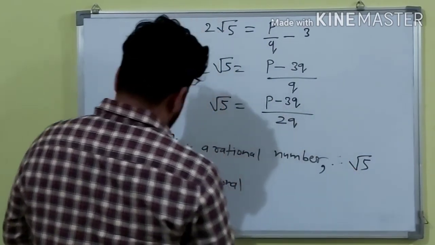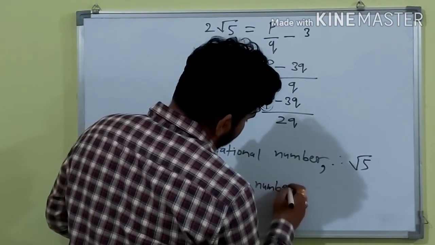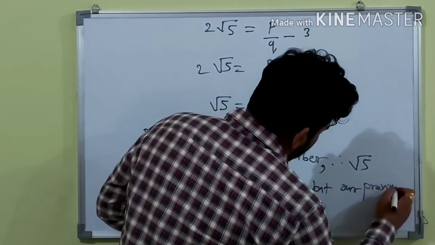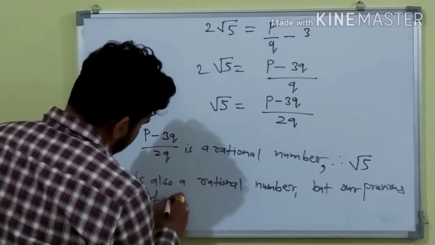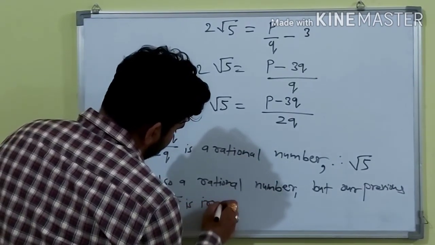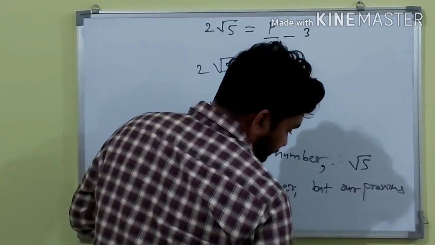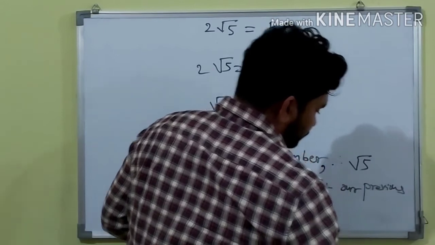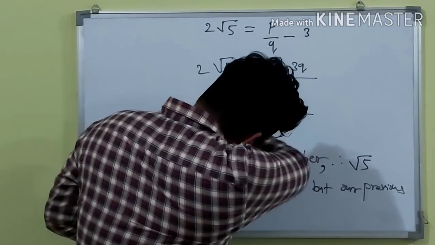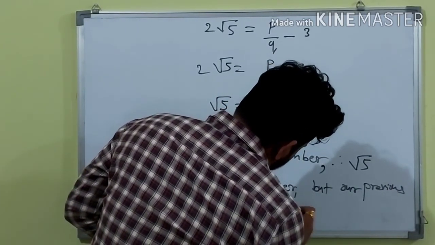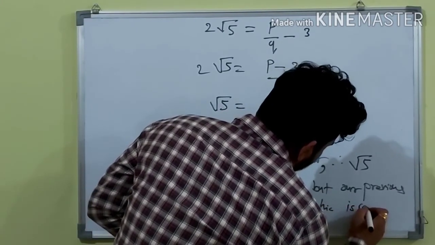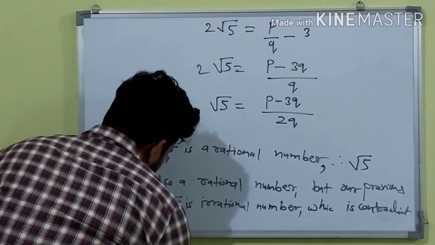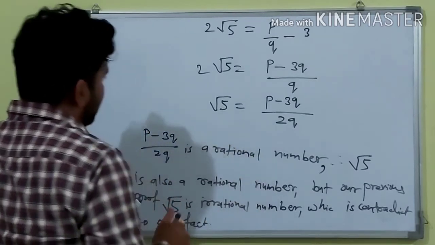Under root 5 becomes a rational number, but from our previous proof, under root 5 is irrational, which contradicts our fact.